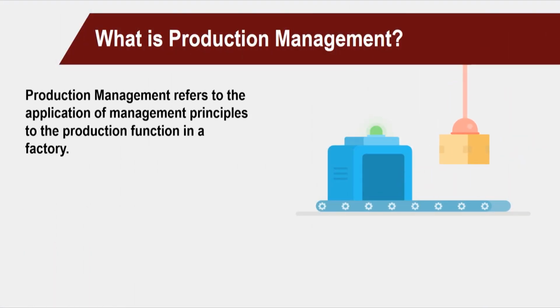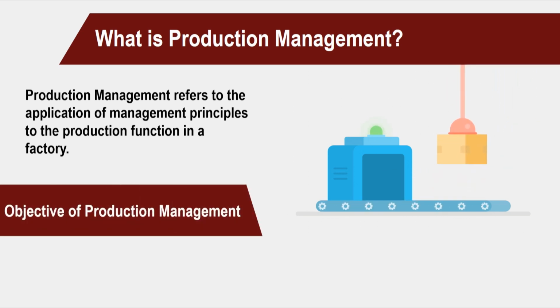Well, production management refers to the application of management principles to the production functions in a factory. In other words, production management involves application of planning, organizing, directing and controlling to the production process.